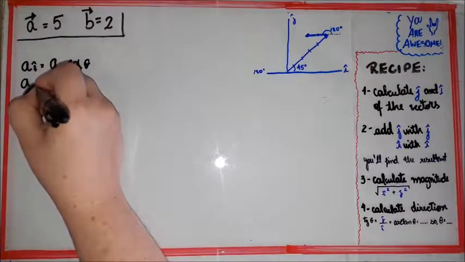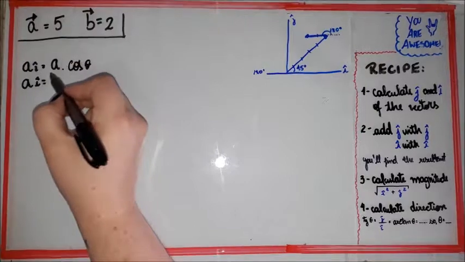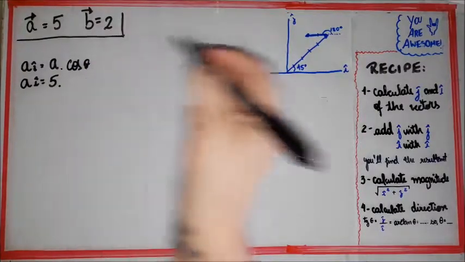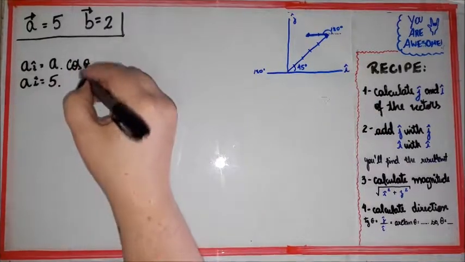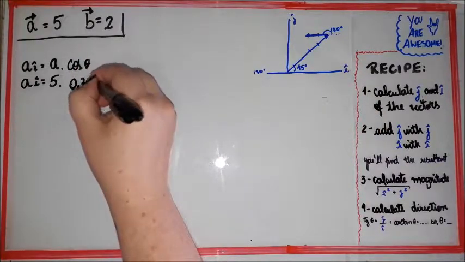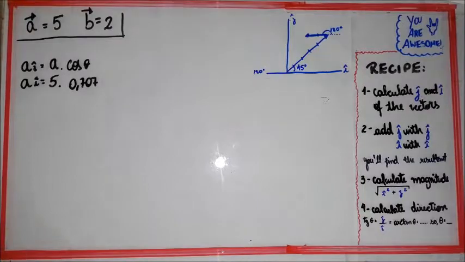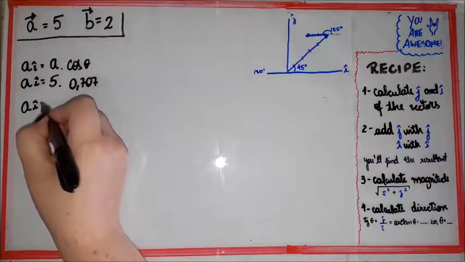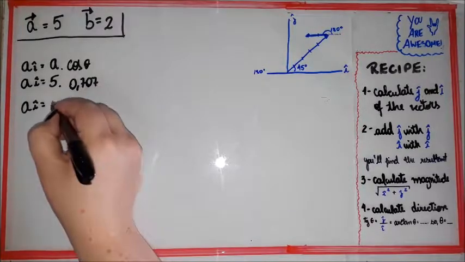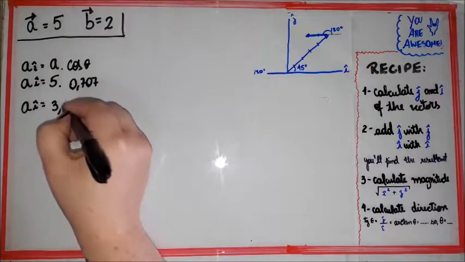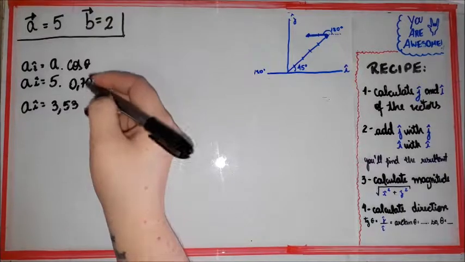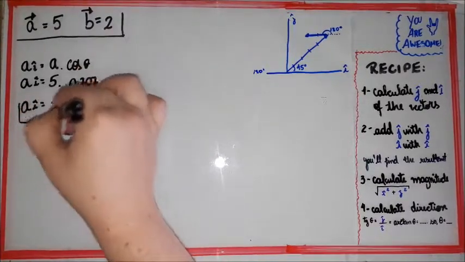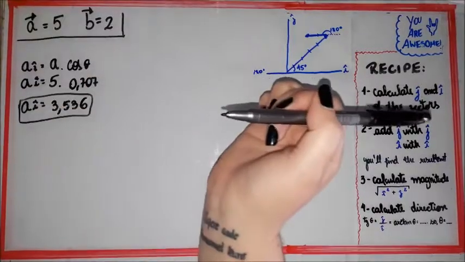So A i hat is equal to 5 times cosine of 45 degrees, 0.707 and so on. A i hat is equal to 3.536. Alright, now we have A i hat.